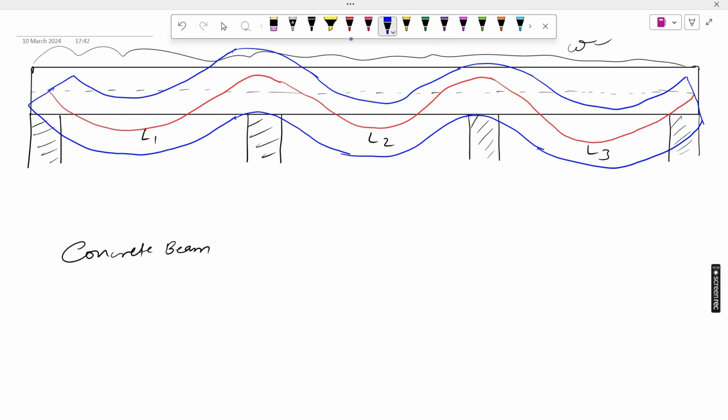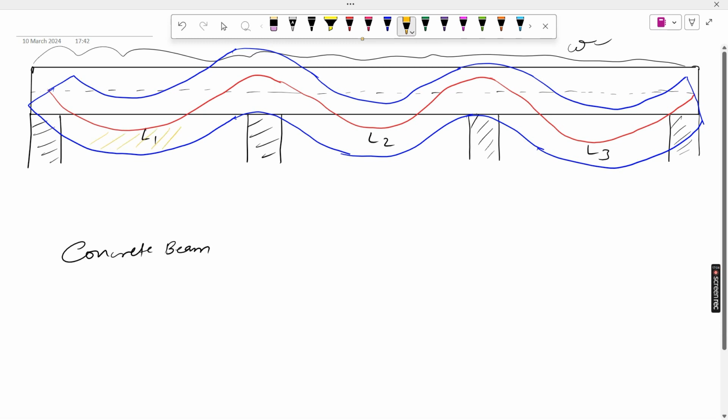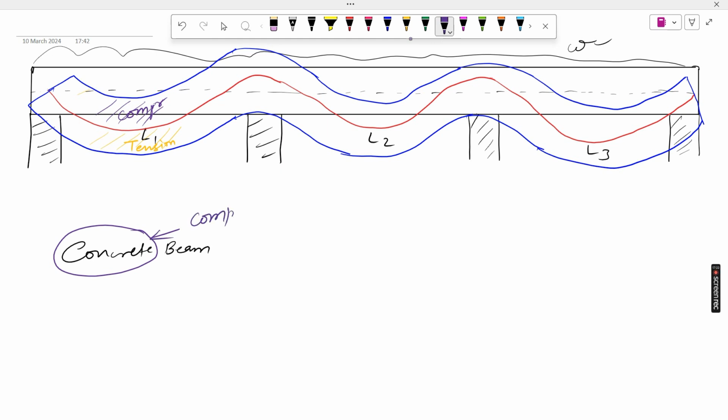So why do we need the reinforcement? Because the lower part goes into tension, and this part goes into compression. You all know that concrete is strong in compression, so it can take compression only.